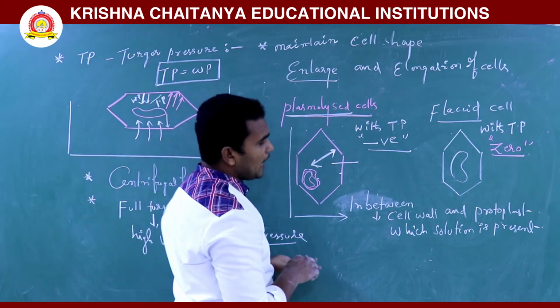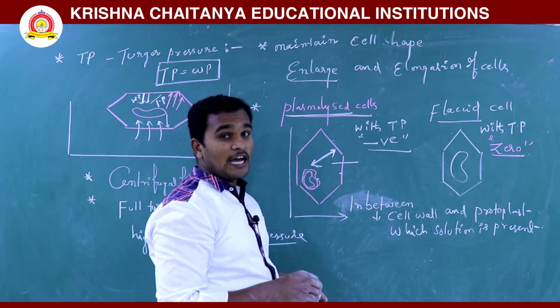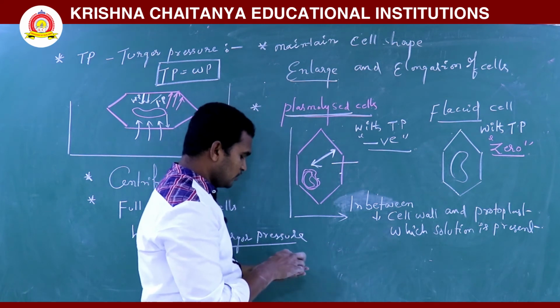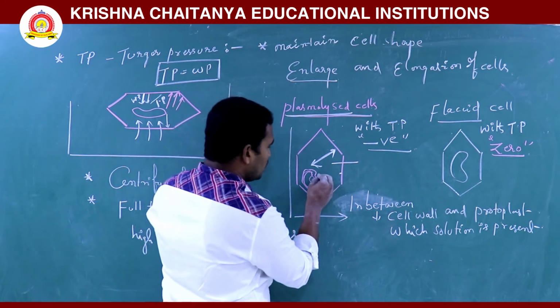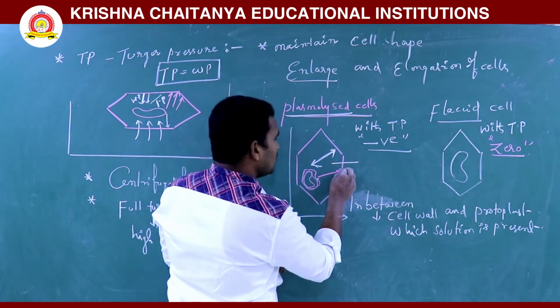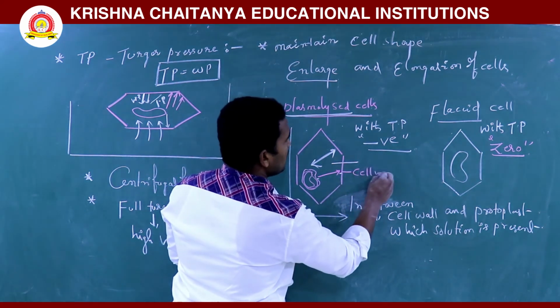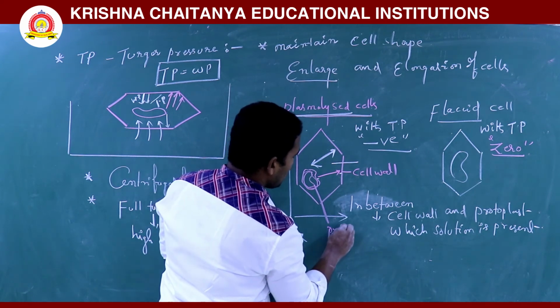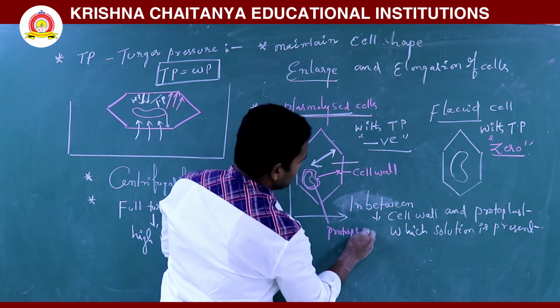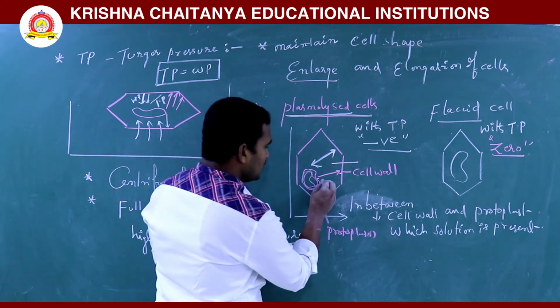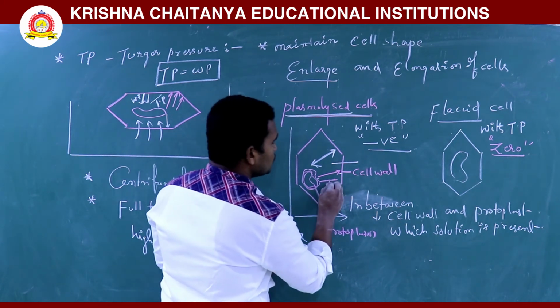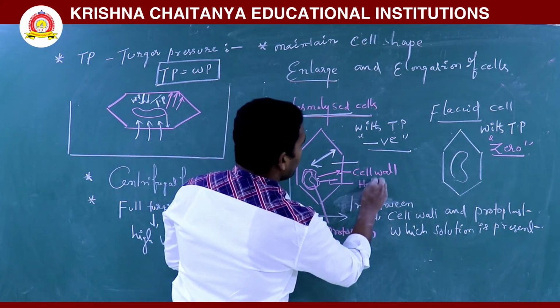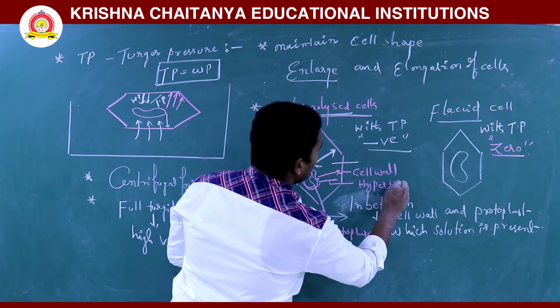When you put the cell into a hypertonic solution, in between the cell wall and the protoplast, that solution is called a hypertonic solution.